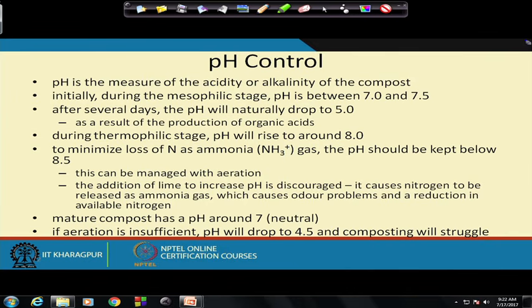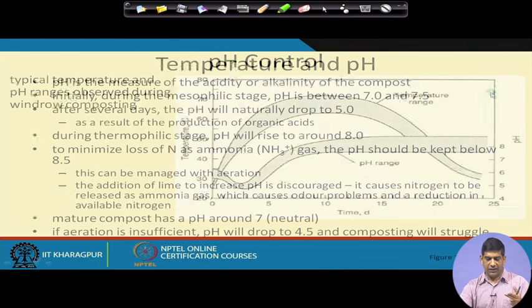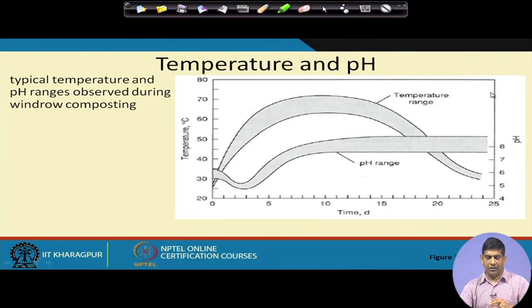So temperature is important, pH is important, moisture content is important, and the amount of organic fraction is important. The temperature and pH also have a certain relationship. Over the time of the day, once you start this composting process, you see a build-up of temperature based on the reactions happening, and then the temperature goes down.